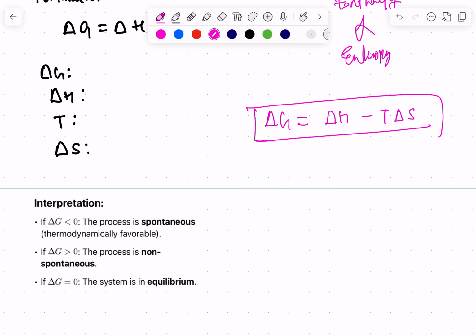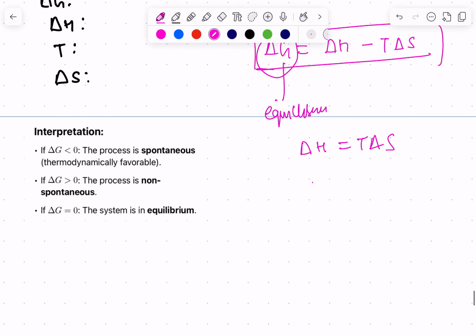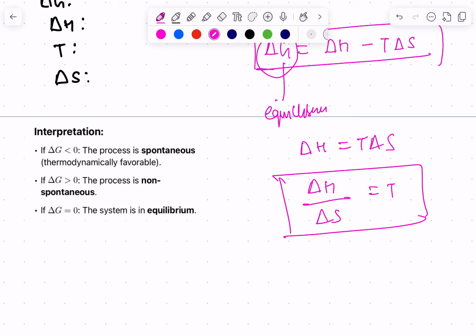And if the Gibbs energy is zero, Gibbs energy is zero when the situation is equilibrium. So we can say that delta H is equal to T delta S, and you can find the temperature by the formula delta H upon delta S. So this is the other formula.